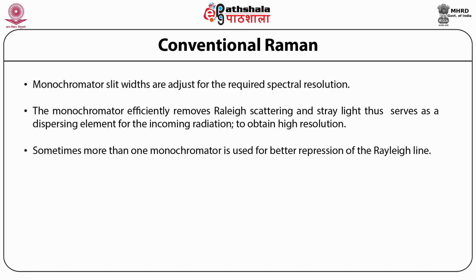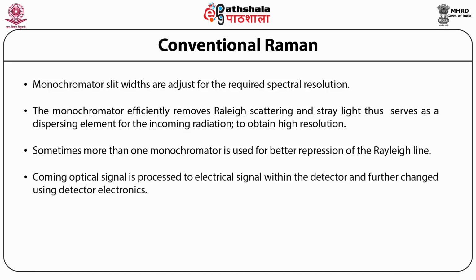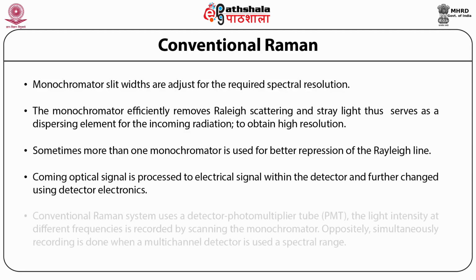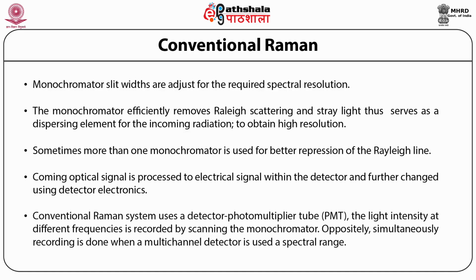The light escaping the exit opening of the monochromator is collected and focused on the surface of a detector. The incoming optical signal is processed to an electrical signal within the detector and further changed using detector electronics. A conventional Raman system uses a photomultiplier tube detector.